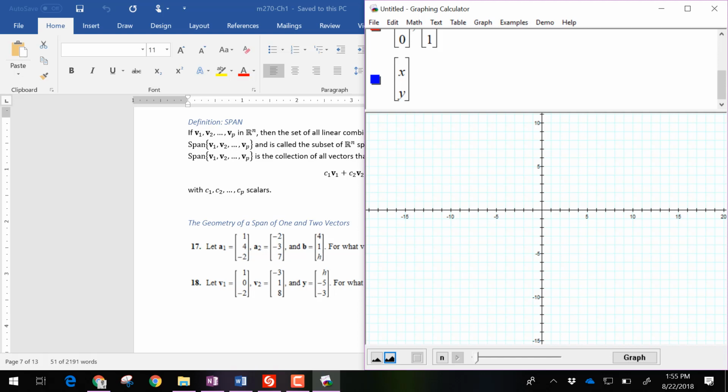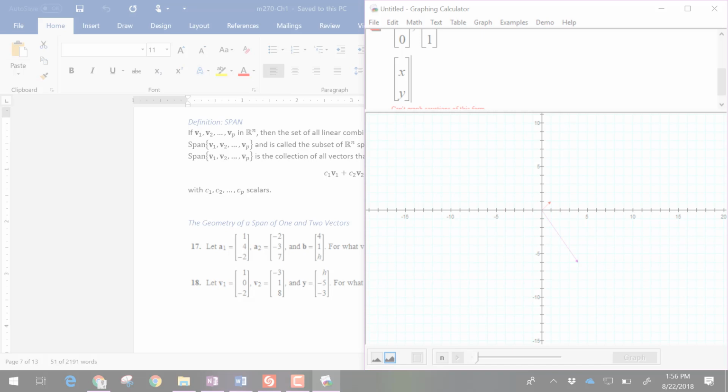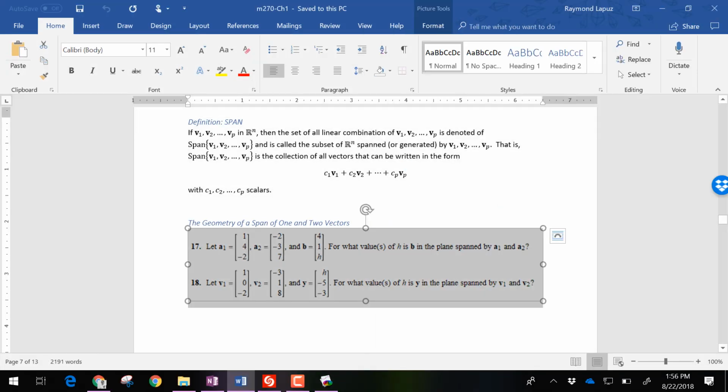What I wanted to do is make a grid of these vectors. And these vectors are not really good vectors to do it because one of them is considerably longer than the other. But another way to think of spanning.